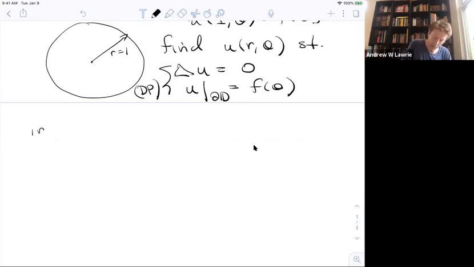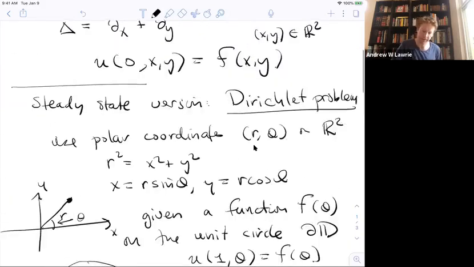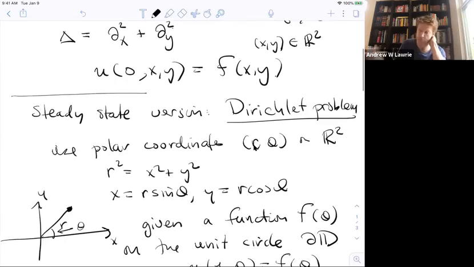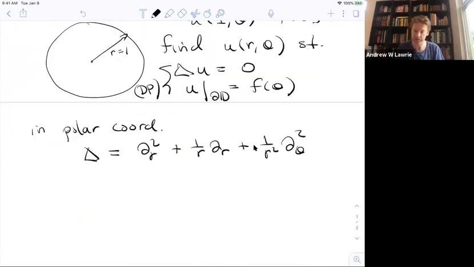And in polar coordinates, the Laplacian can be written as follows. It's two derivatives in r, plus 1 over r times dr, plus 1 over r squared d theta squared. Up here I wrote the Laplacian as dx squared plus dy squared. If I do this change of coordinates to polar coordinates, I can express this in terms of r derivatives and theta derivatives.